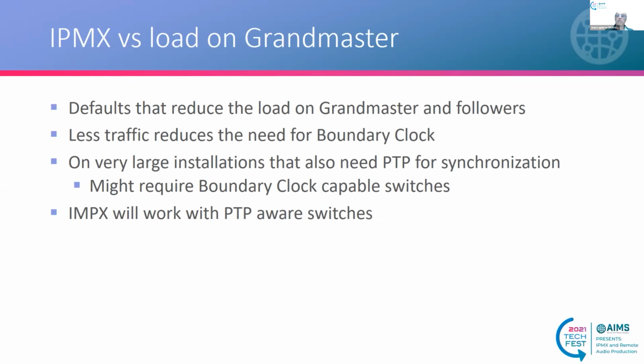So using the default values, for example, if there are 500 IPMX followers on your network, this would result in about 125 requests per second to the Grandmaster. So it's pretty safe to say that your installation would have to be pretty big. I'd say it would have to be huge in order to force you to use PTP-aware switches because of the load on the Grandmaster by IPMX devices.